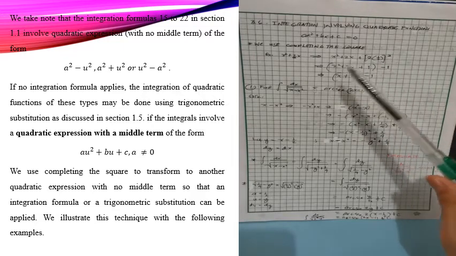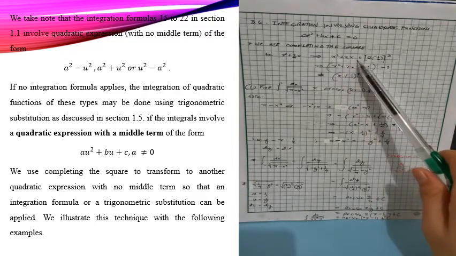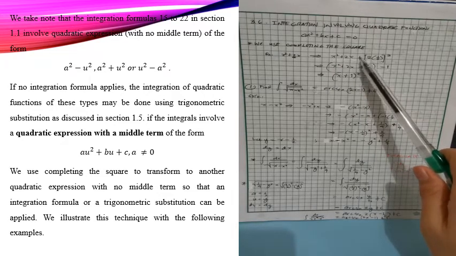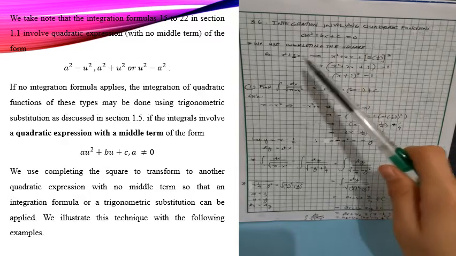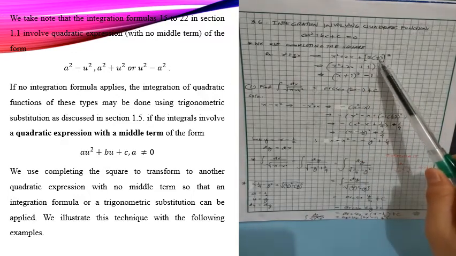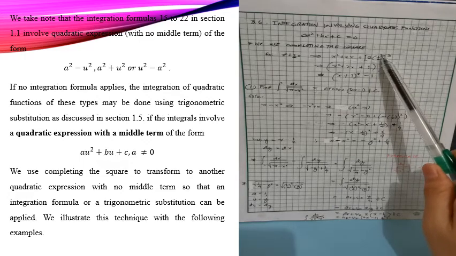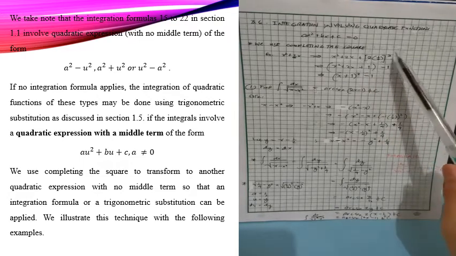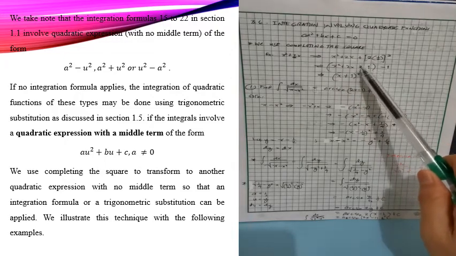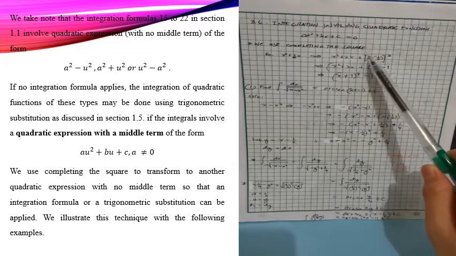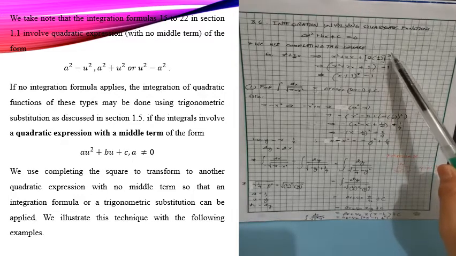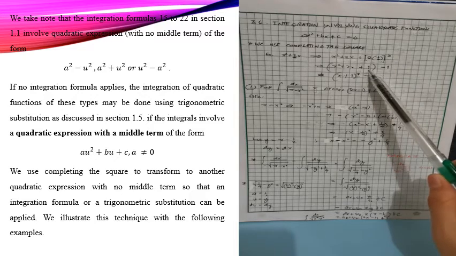So, we have x squared plus 2x plus, i-add natin always ito, yung 2 na yan, galing yan doon sa middle term natin, and then ita-times natin siya ng 1/2. Tapos, after natin siyang ma-times ng 1/2, saka natin siya i-squared. Okay, so we have x squared plus 2x plus, naging 1 ito kasi diba 2 times 1/2 is 1, and then 1 squared is just equal to 1.